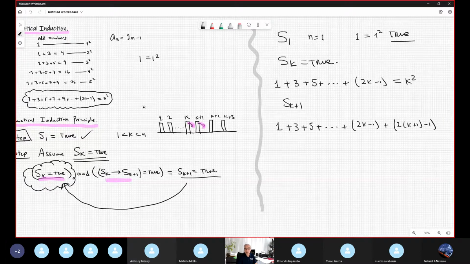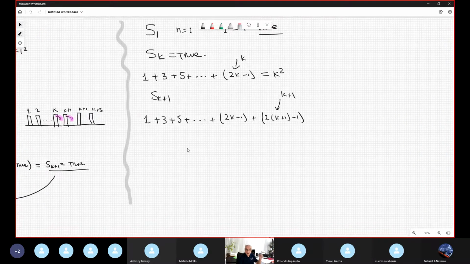So you include another term. This is the term corresponding to k, and this is the term corresponding to k plus 1. It's the same formula, but you replace k with k plus 1. Do you follow me? This is the left-hand side. In the right-hand side it is k plus 1 squared.